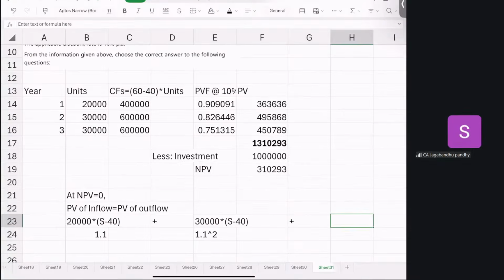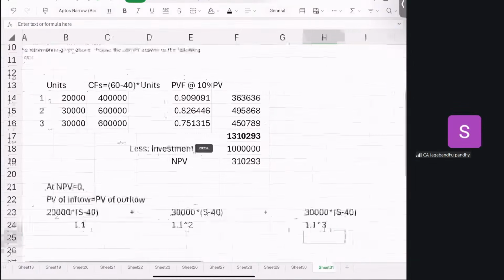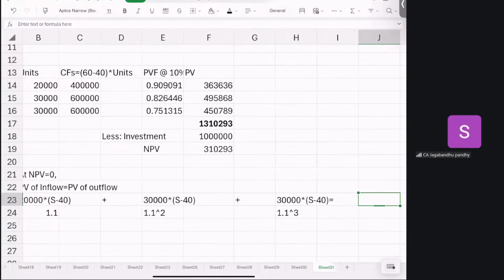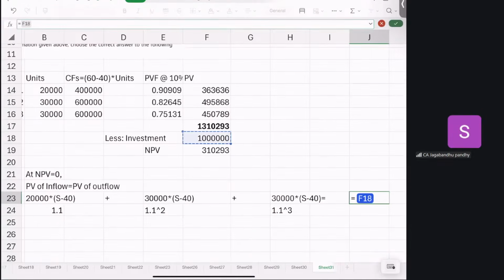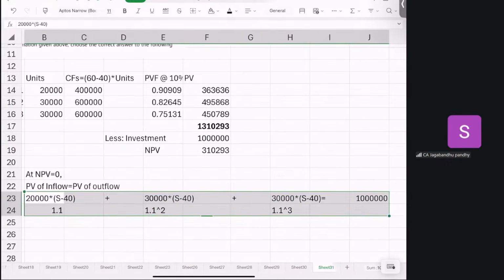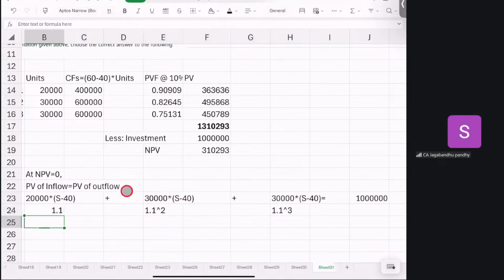Further adding 30,000 into sale price minus 40 divided by 1.1 raised to 3. This is equal to the investment of 10 lakh. So I just need to solve this equation to get the value of the sale price. So can you solve this equation? Give me the value of S, the sale price at which NPV is going to be 0.